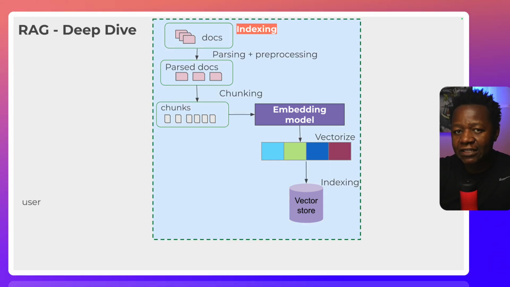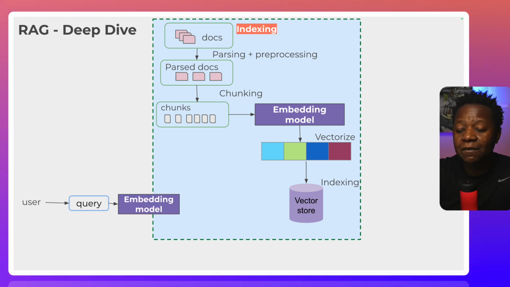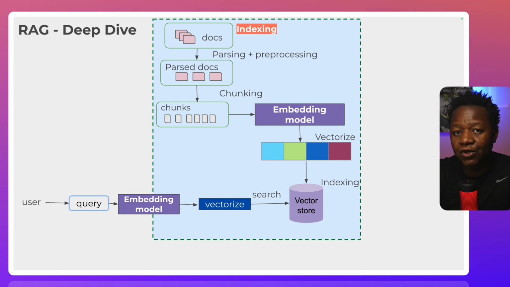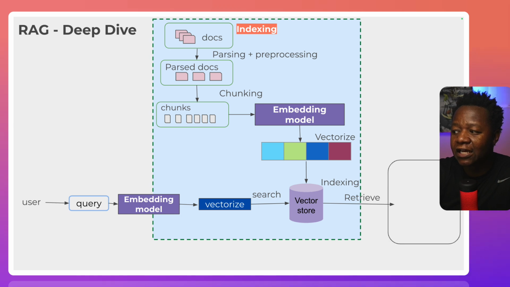And so the idea here is that you have a user, who also would have a query, a question, and then that is passed through the embedding model, because this information has to be transformed into an embedding, a vector. The vectorized data is then passed through the vector database to do a similarity search to retrieve relevant documents.